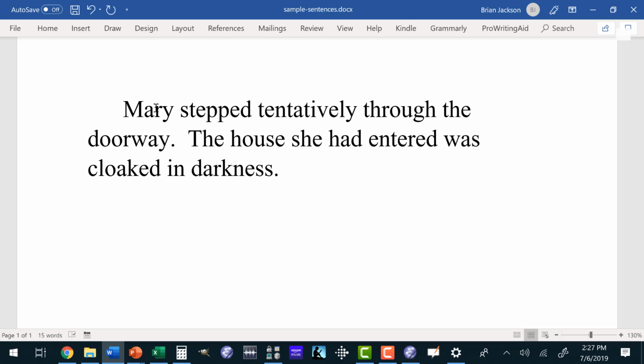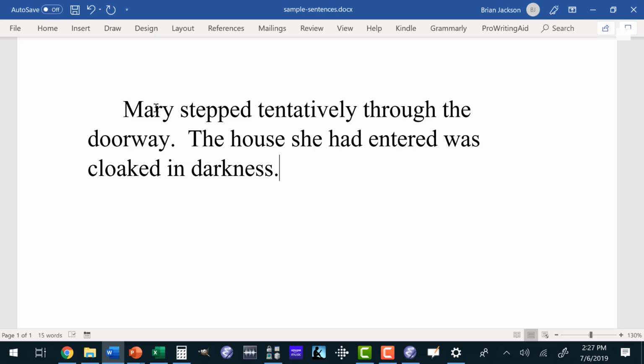So we have a complete sentence. And you notice how these complete sentences work. You have something that's the subject, the house she had entered, was, that's the verb, and then you have an object clause at the end, which is describing kind of what she entered.